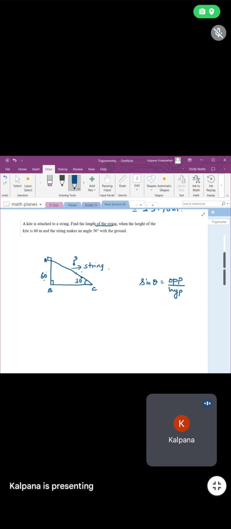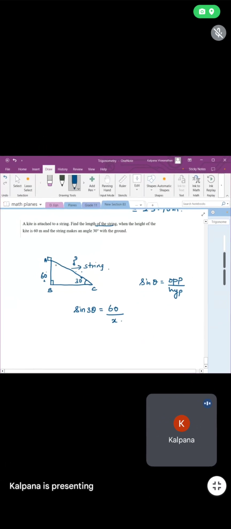Here the question is based on hypotenuse and opposite, which is sine. Now sine 30 is equal to opposite, given as 60, by string value. Don't know, take it as x, or you can name it as AC. So what is sine 30? 1 by 2 equal to 60 by x.